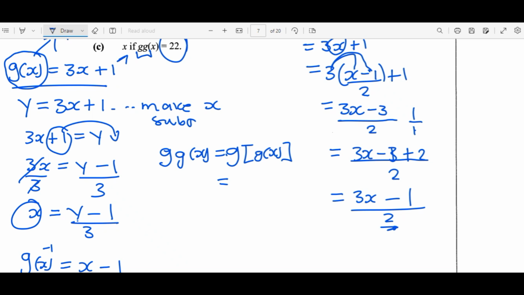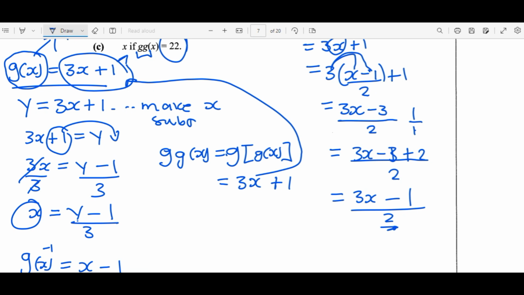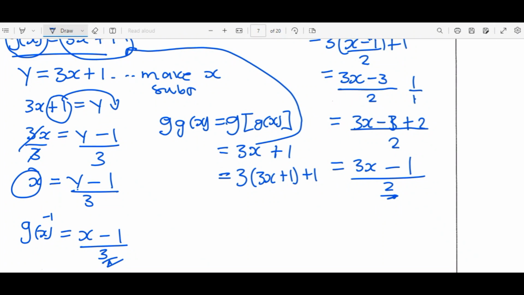So we write the original function of g, which is 3x plus 1. Now where there is x, we are going to put the same function g, since it's gg. So 3 open brackets, 3x plus 1 close, plus 1. We can now simplify. 3 times 3x is 9x, plus 3 times positive 1 is 3, plus 1, giving us 9x plus 4. So this is gg of x.